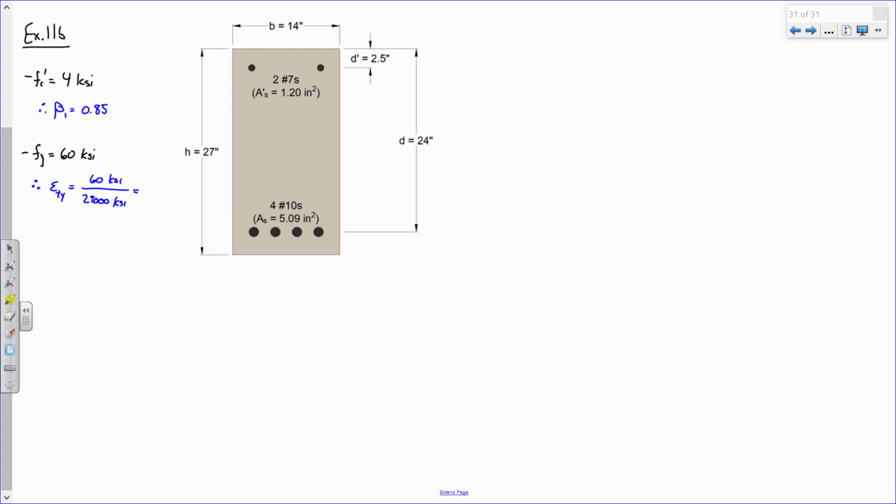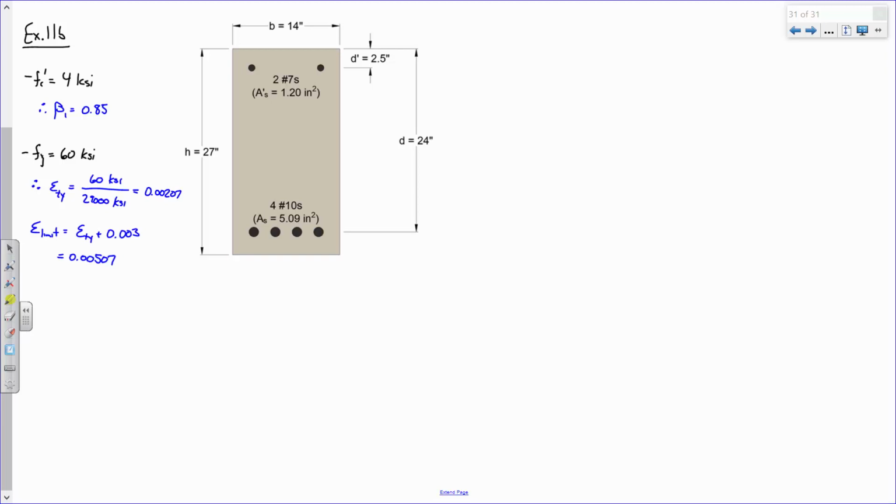And so I'm just going to go ahead and tell you that that's 0.00207, but by now we've done that calc a few times, so I feel like that's pretty straightforward. And we know that our limiting strain is that plus 0.003. So that's 0.00507. Okay? So here's that.